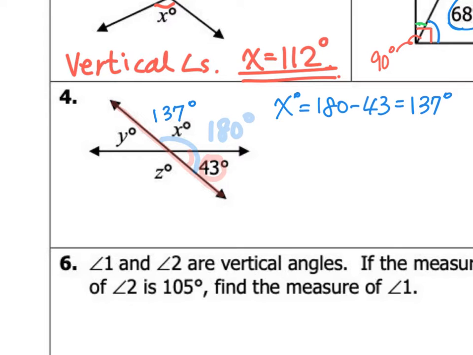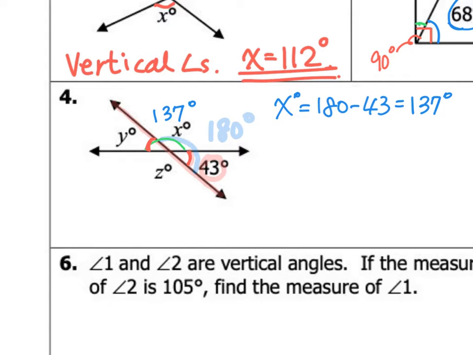Move on to y. So y we can find in a different way. y is a linear pair with x, as you see. However, we also have another relationship. Look here: angle 43 with angle y.